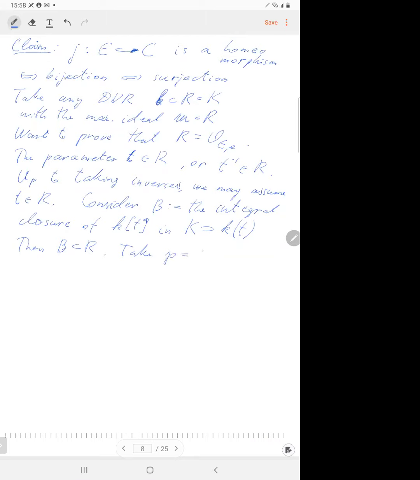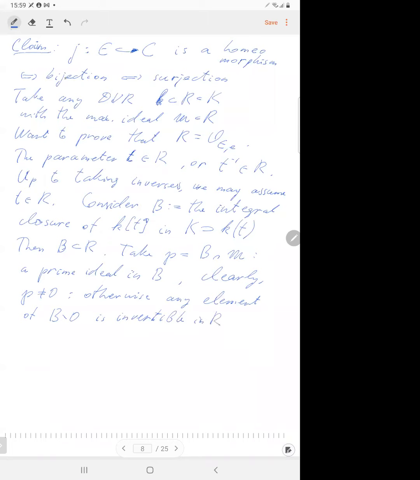P is B intersected with the maximal ideal in R. Okay, so it's a prime ideal in our ring B, and clearly this prime ideal is not zero, because otherwise any non-zero element of B is invertible in R, right?